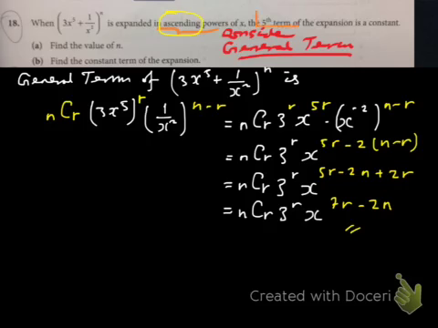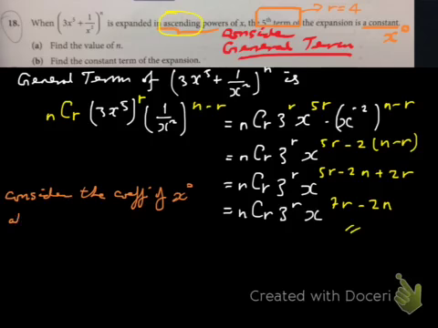Now, we're told that the fifth term is a constant, which is x to 0. And the fifth term, that is when r equals 4. So you're going to use this information and put it into our general term, especially for the x to the power 0.